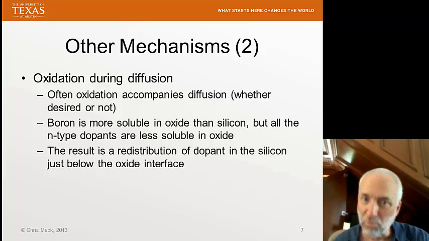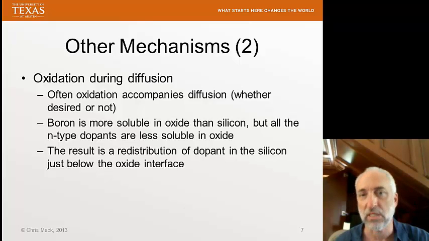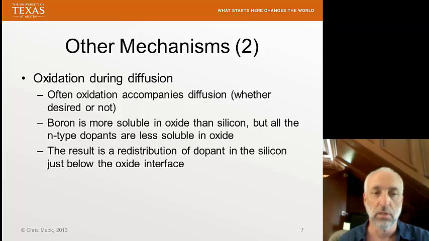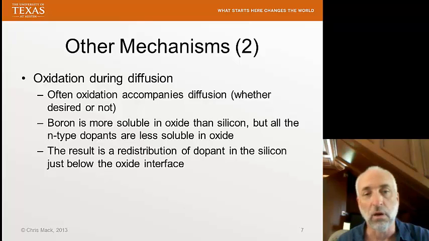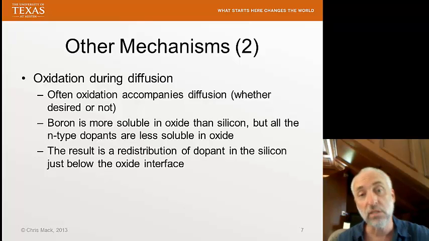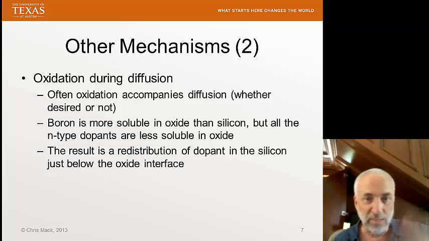Well, it turns out that boron is very soluble in oxide. In fact, more soluble in the silicon dioxide than in silicon. But all of the N-type dopants, phosphorus, arsenic, antimony, are less soluble in the oxide than in the silicon. The result is a redistribution of the dopant in the silicon just before the oxide interface. If you think about the N-type dopants, they don't like to be in the oxide.